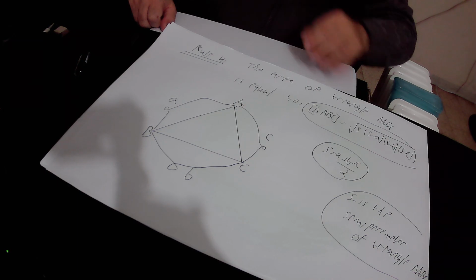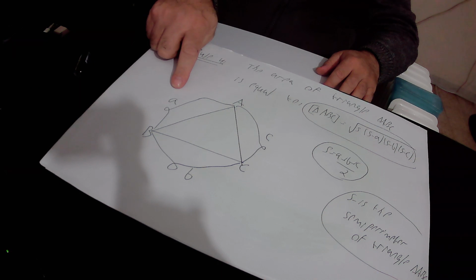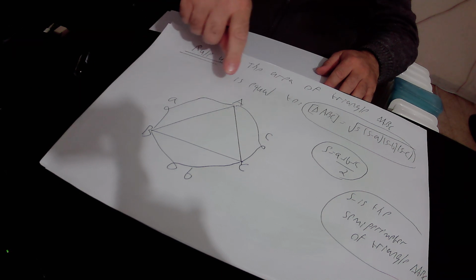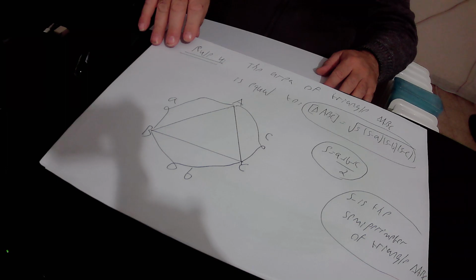And here side AB equals A units in its length, side BC equals B units in its length, and side AC equals C units in its length. So we can actually implement rule number 4 in our drawing.